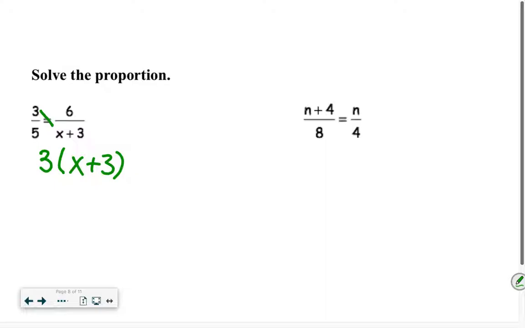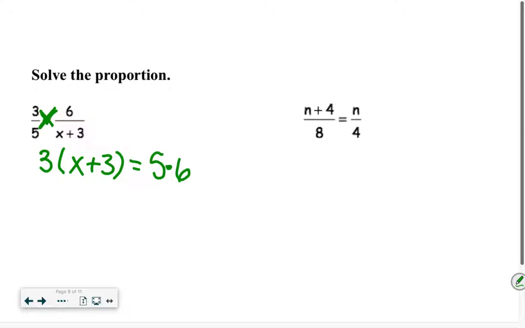So 3 times, in parentheses, x plus 3. That's just these two right here. We still have our equal sign. And then we want to have it equal to the other two multiplied together. So 5 times 6. Doesn't matter which one you put on the left or right.